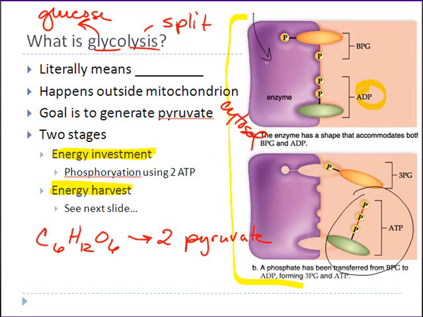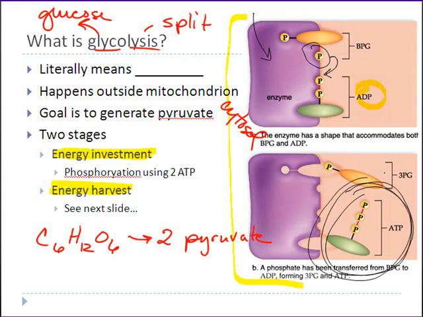And we're using an enzyme here, ATP synthase, and we're transferring a phosphate group from a molecule called bisphosphoglycerate, or BPG for short, and we're using that enzyme to assist in the transfer of that phosphate group from the BPG molecule to the ADP molecule to make adenosine triphosphate.